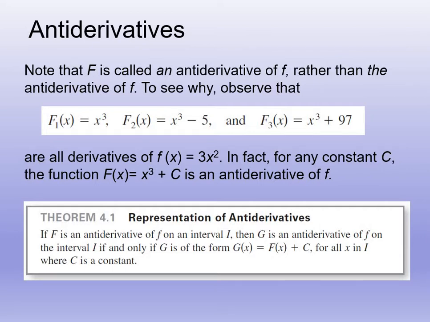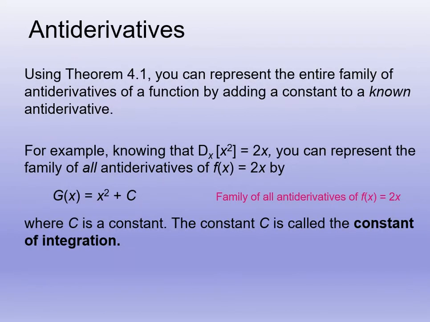So we're representing that with the letter C. A lot of your homework problems in here will be the antiderivative of any of the functions, and the last part will be a plus C. Please don't forget the plus C portion when you're doing that. And remember that plus C, that's the constant of integration.